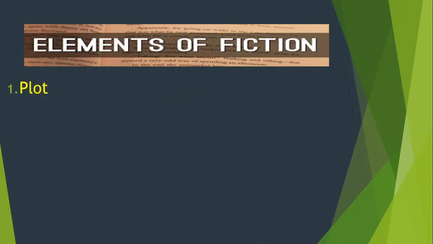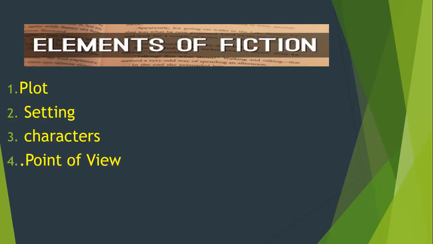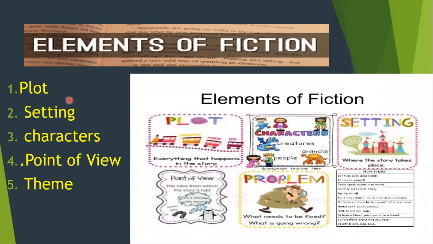The first one is plot, and setting, characters, point of view, theme. In analyzing any kind of fiction, we need to know these 5 elements first. And we will study them in detail one by one later on.